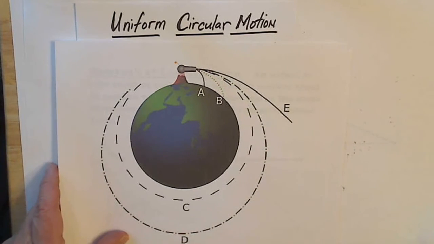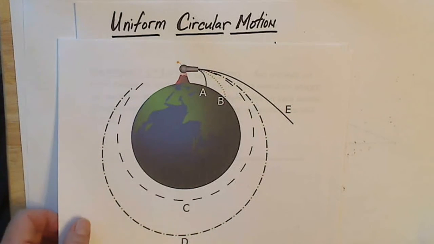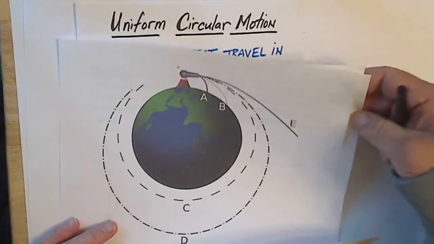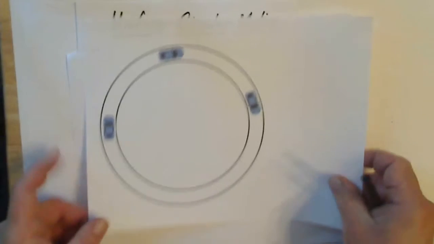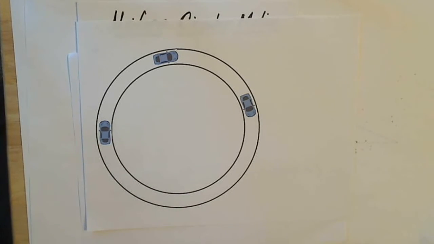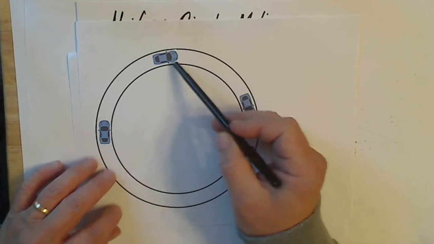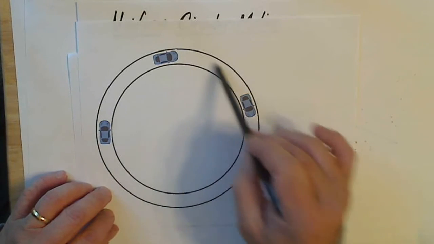I want to show you another example, and that is a car going around a curve. We have the bird's eye view here, a car going around the curve.